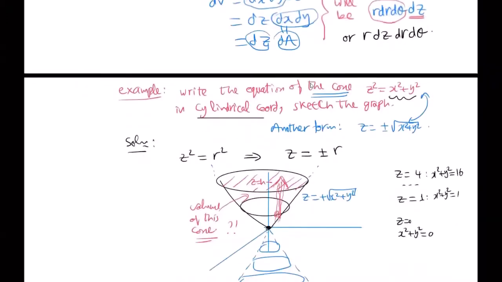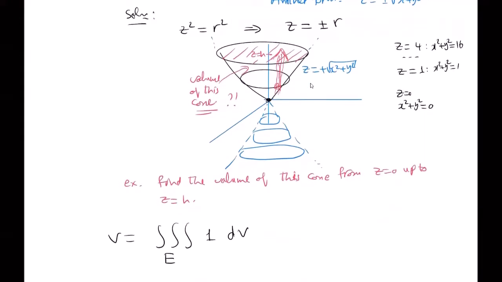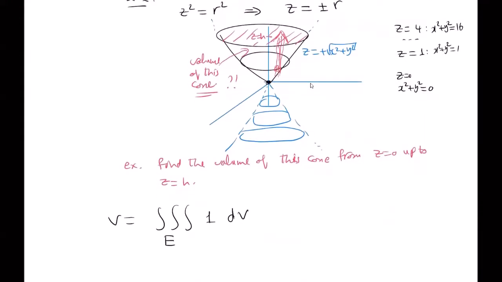Okay, Dr. So here we are asked to find the volume of this cone. Let's read this solid carefully. How do we read the region, Catherine? Isn't it written from z equals 0 to z equals h?